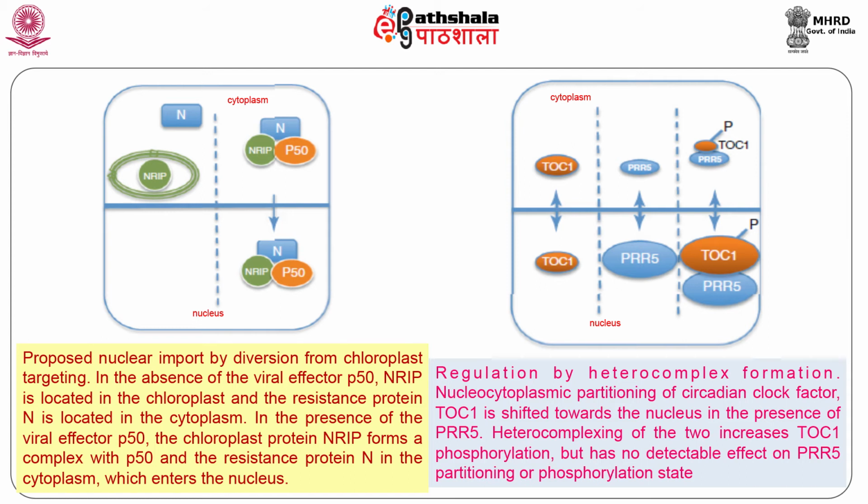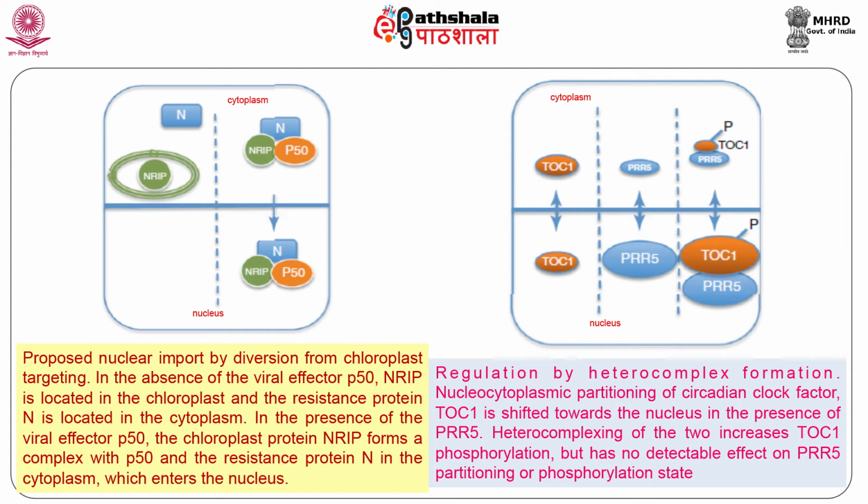Whenever there is viral infection like that of tobacco mosaic virus, viral effector protein P50 is present in the cytoplasm. Now, NRIP1 forms a complex with P50 and the resistance protein N in the cytoplasm, and this complex then enters the nucleus.